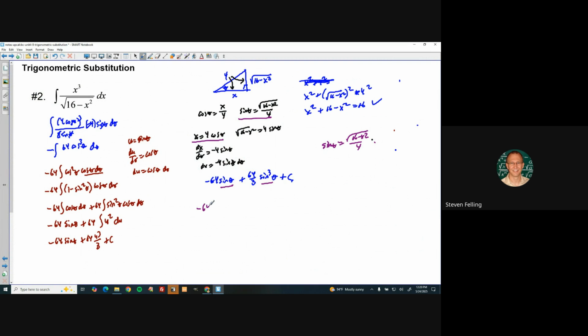So I have 64 times the square root of 16 minus x squared over 4, plus 64 over 3, and then that square root of 16 minus x squared over 4 but cubed. Tack on our plus c and we're done. This is the final answer here.